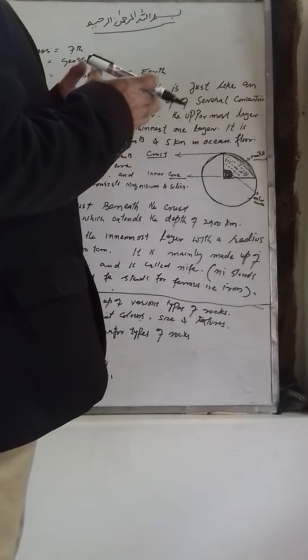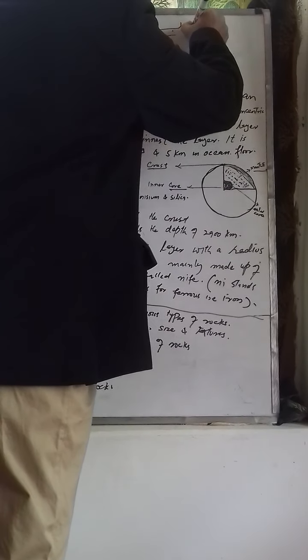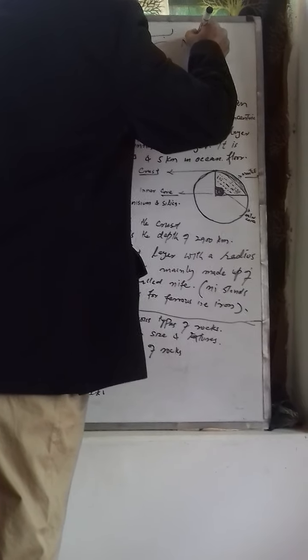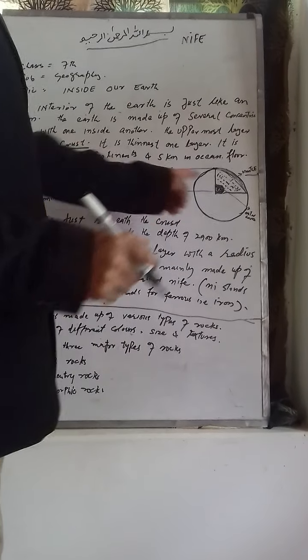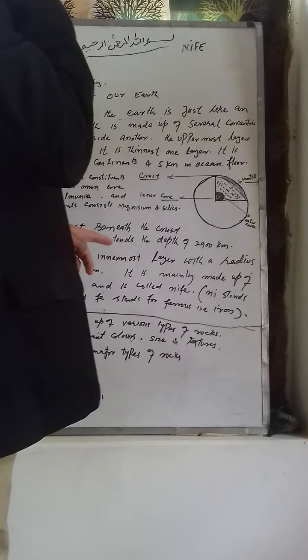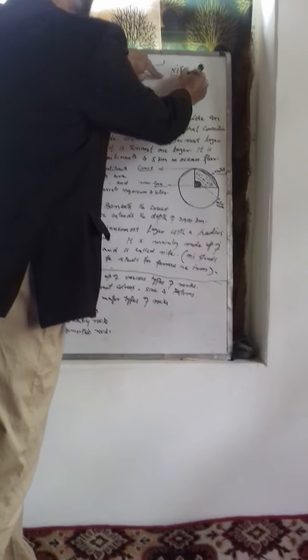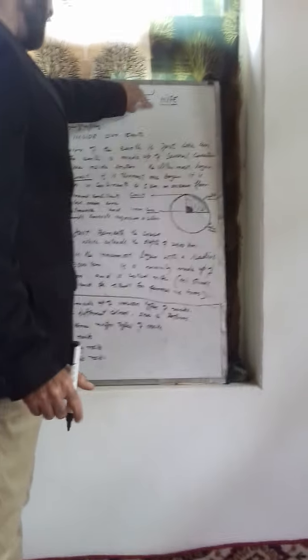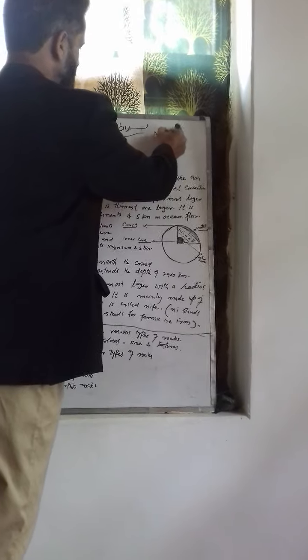In other words, it is called NiFe, N-I-F-E. Ni stands for nickel, and Fe stands for ferrum, that is iron. So this word consists of Ni, meaning nickel, and Fe, meaning iron.